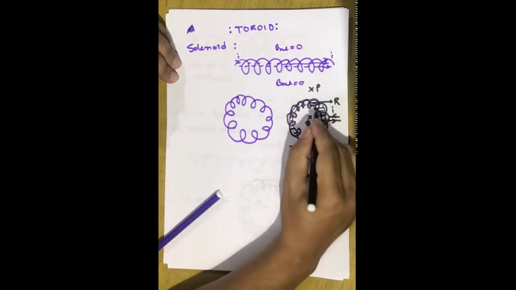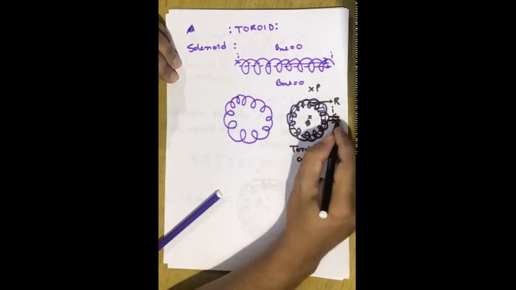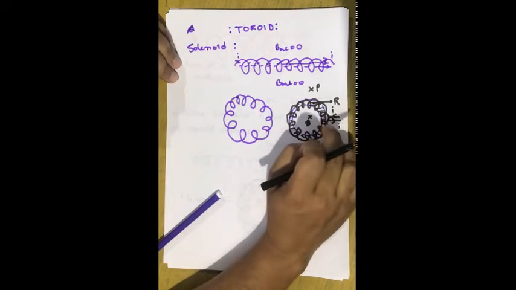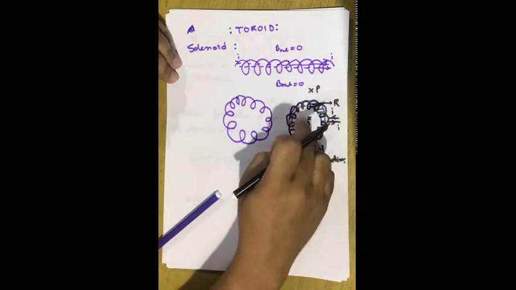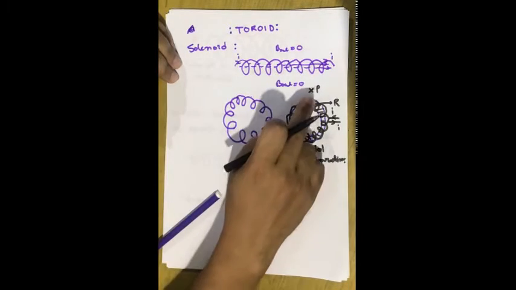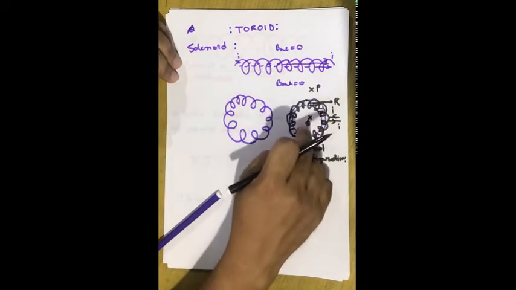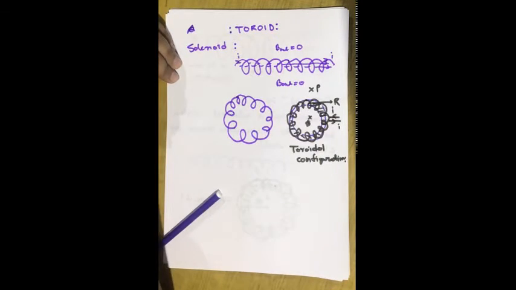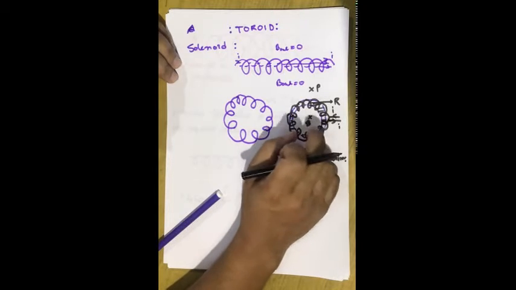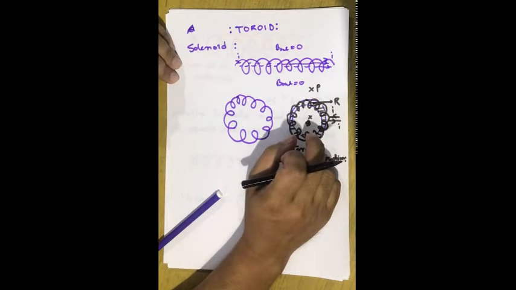Suppose it is moving in the anti-clockwise direction, and if the current moves in the anti-clockwise direction, we have to find out what the magnetic field is at these points. Point P is outside the toroid, point Q is inside the toroid, and point R is in the central region of the toroid. Basically, at these three points, we are going to find the value of the magnetic field.